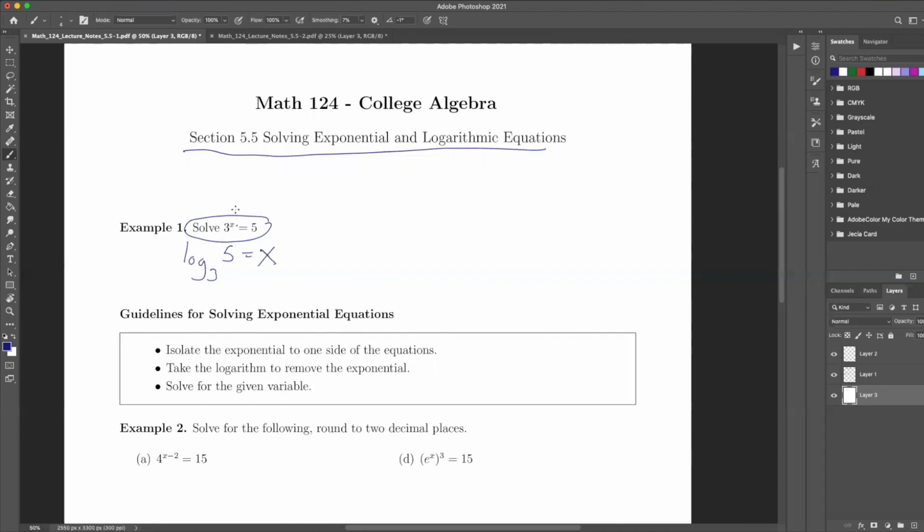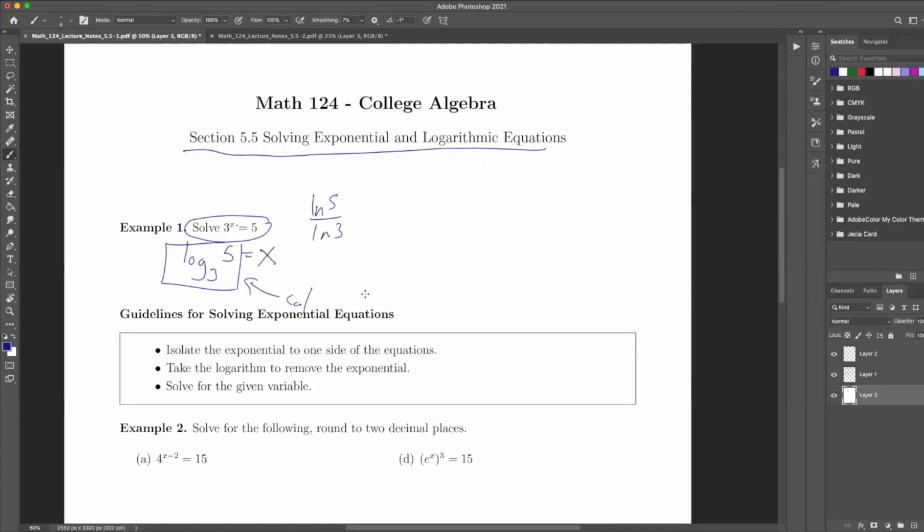And so in order to solve this exponential equation, I'm going to be using logs, because this is something I can just crunch through a computer, right? In the old days, we used to write ln of 5 over ln of 3, but now we can compute this directly using our calculators.